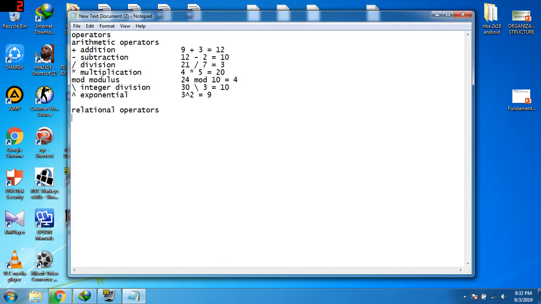So what are they? An example is this symbol. I know you're familiar with this.